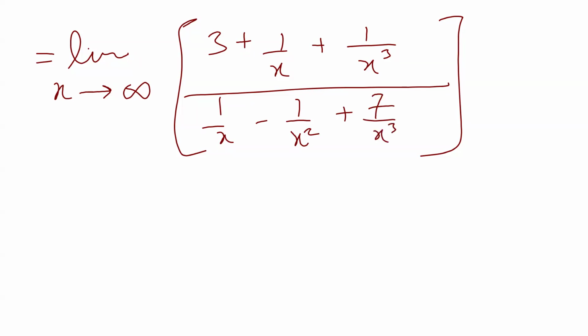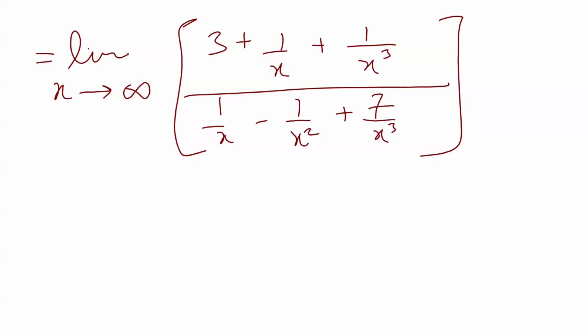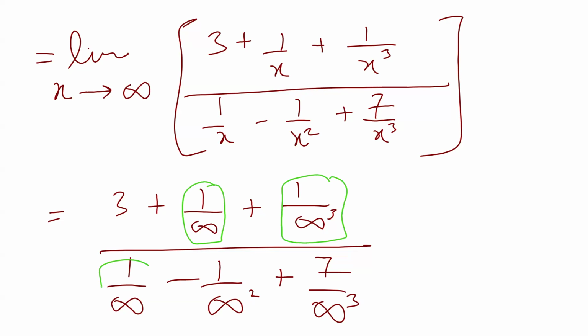Now put the value of x as not defined. All the green colored terms will turn out to be 0.